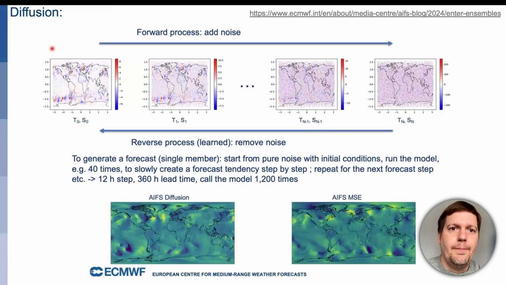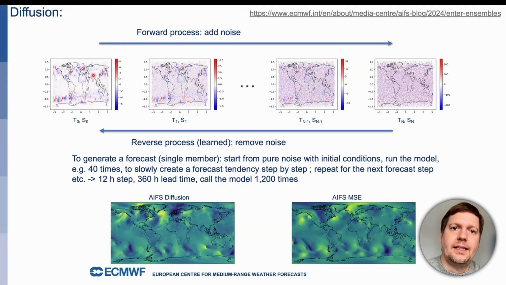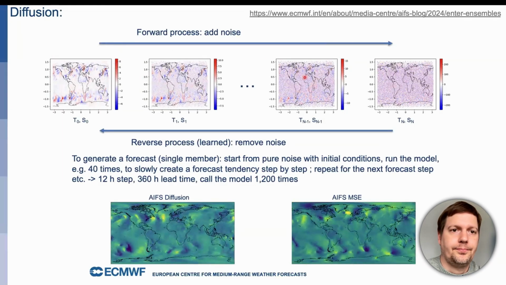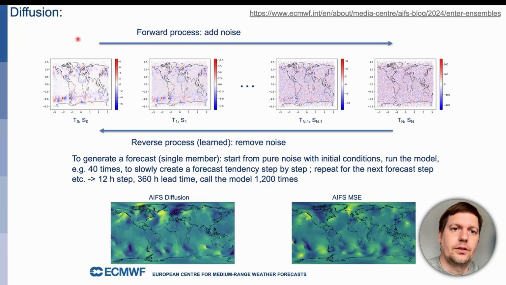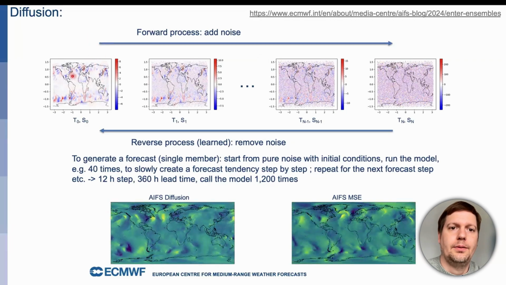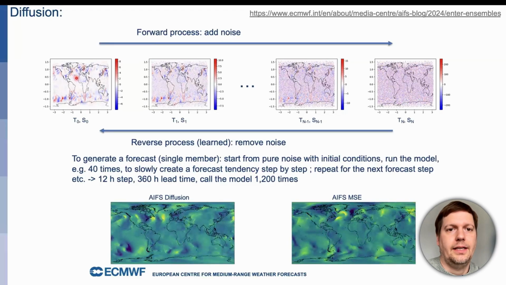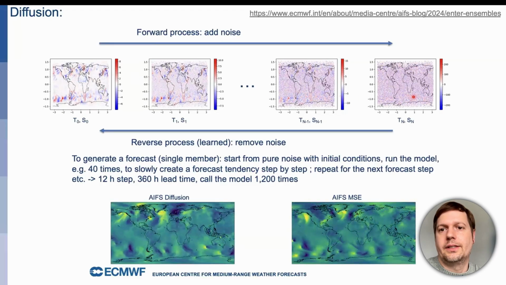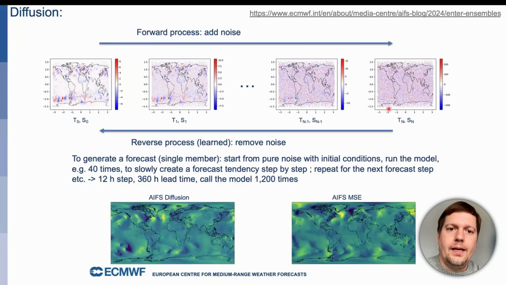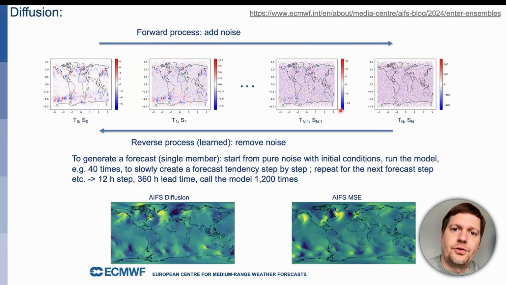So for diffusion, you have a forward process that adds noise to the forecast. So you start basically from your forecast tendency, for example, that brings the current state to the next state 6 hours later, and then you add noise to it until you lose all signal, and the model then learns the reverse process.